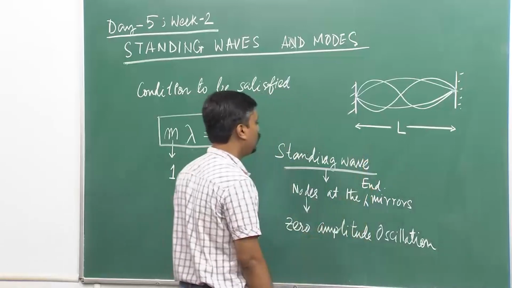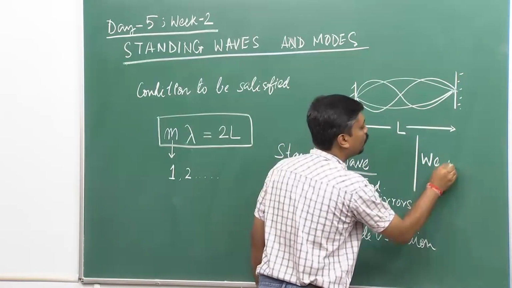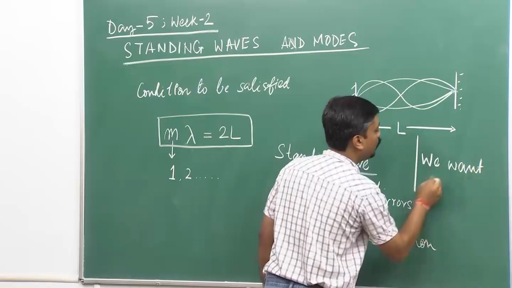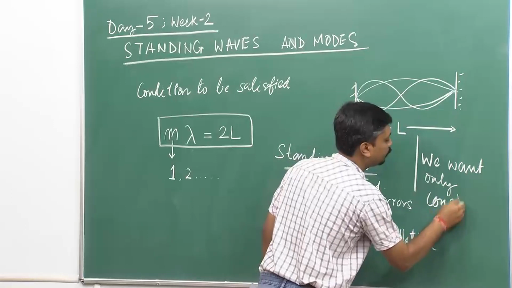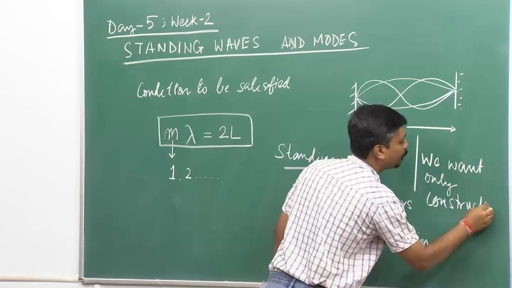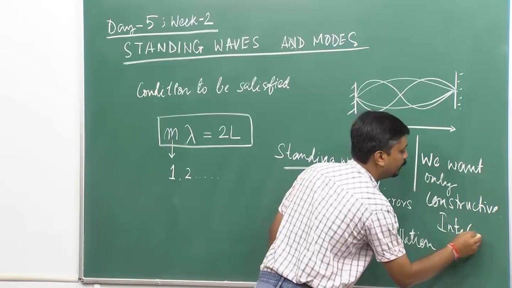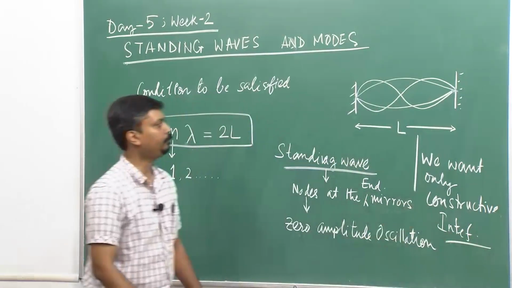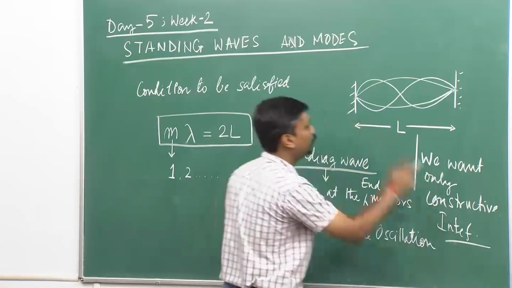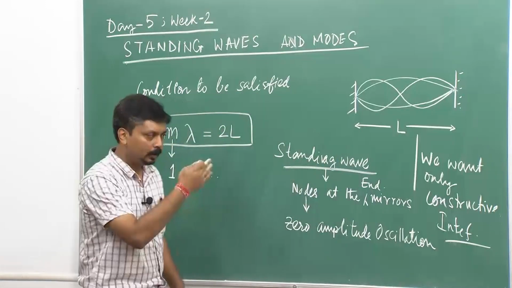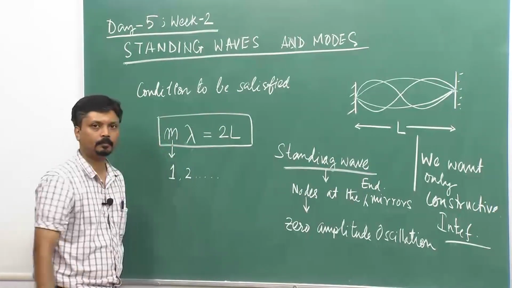We want only constructive interference. So, if I have to fulfill this one, I have to fulfill this one. That is the reason I get certain modes like this.